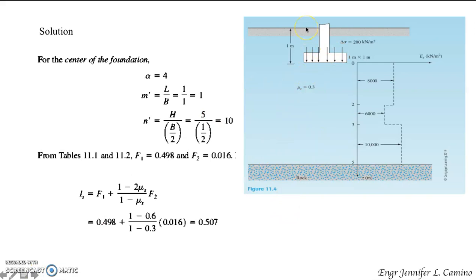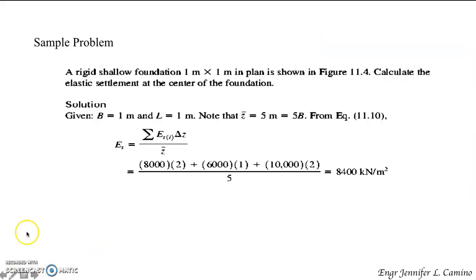We have the depth Df, which is 1 meter. The foundation is 1 by 1 in meters, and we are going to compute the settlement of the center of the foundation. So we are going to have the value for E sub s, the modulus of elasticity of the soil, given by this equation.